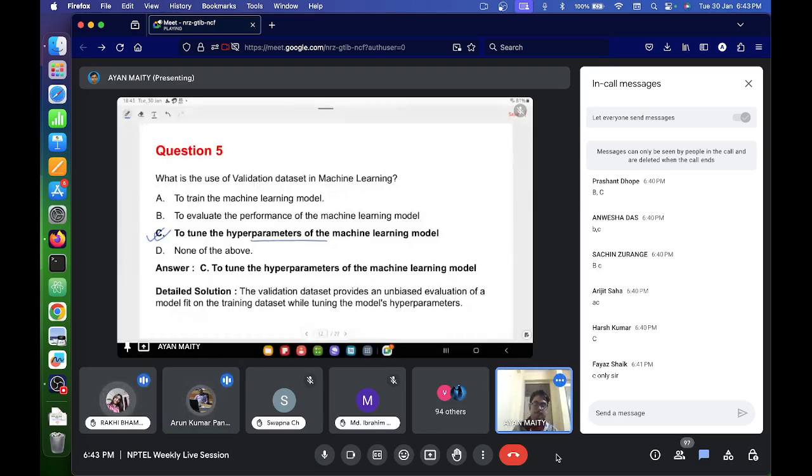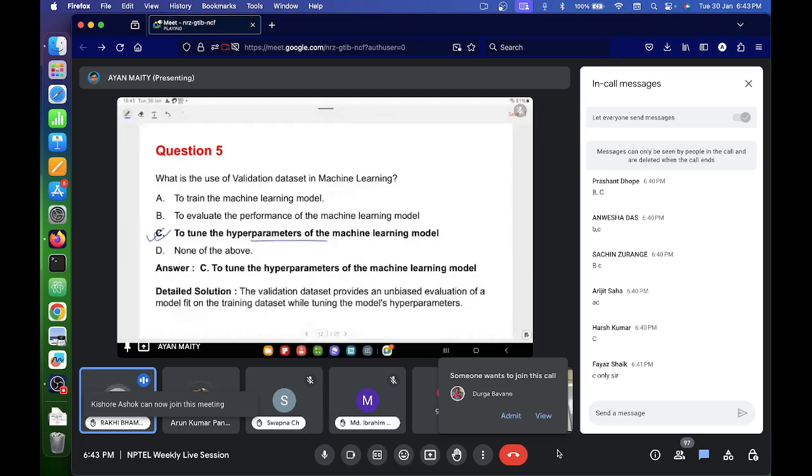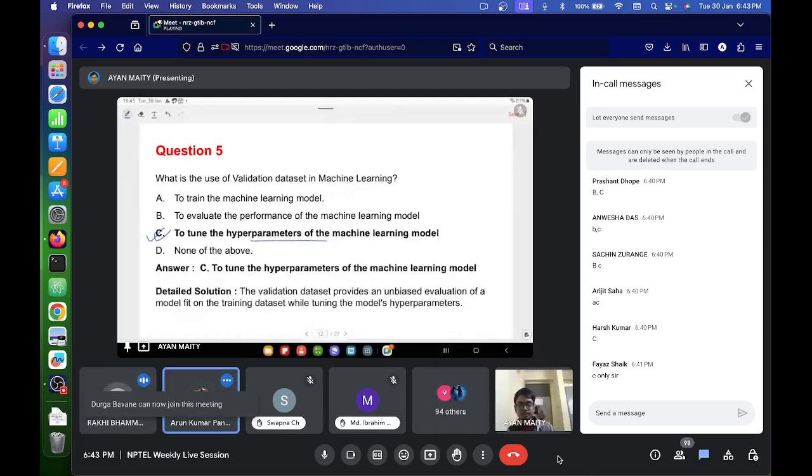Excuse me, sir. Yes. We have some other optimization techniques like gradient descent to tune parameters like intercepts. So, do we have to use validation datasets for tuning the hyperparameters?